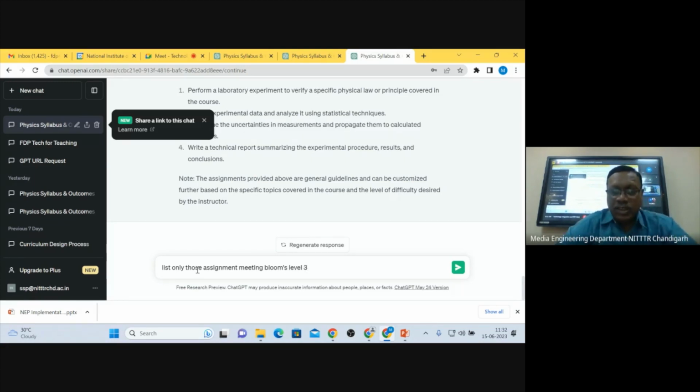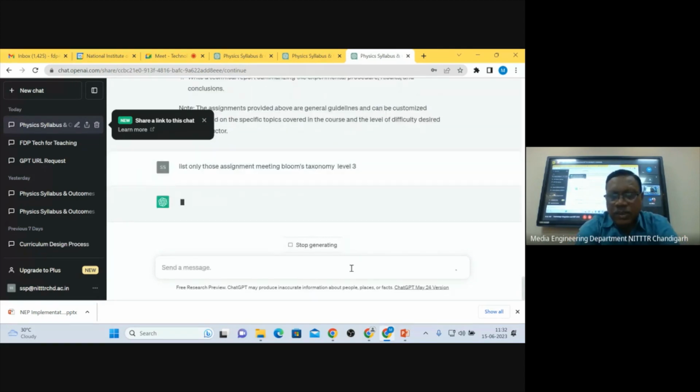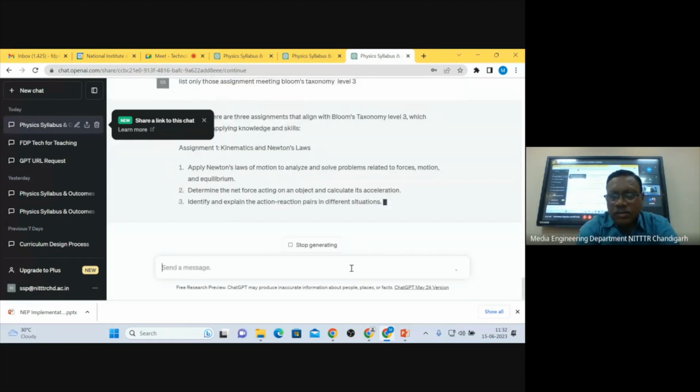As you know, Bloom's taxonomy, you have 6 levels. So level 3, I am asking it to go and give me level 3 assignments. Now these assignments will be listed.